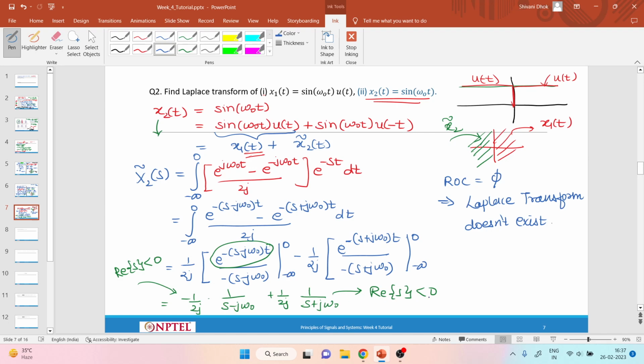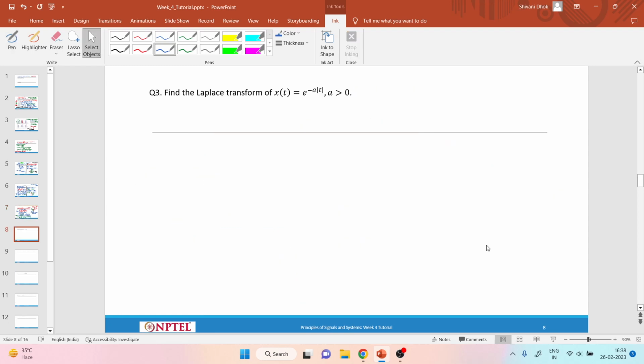Here your region of convergence is less than 0, and for this x1 of t your region of convergence is greater than 0. So in both regions of convergence, 0 is not included, so it is not converging. Is it clear?